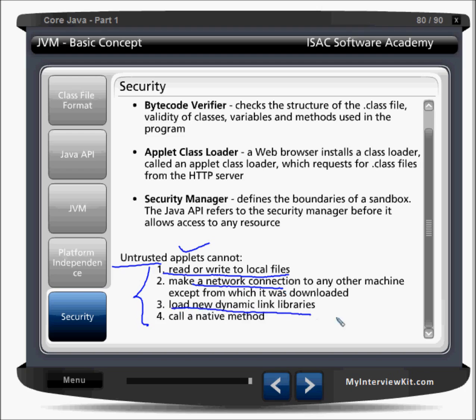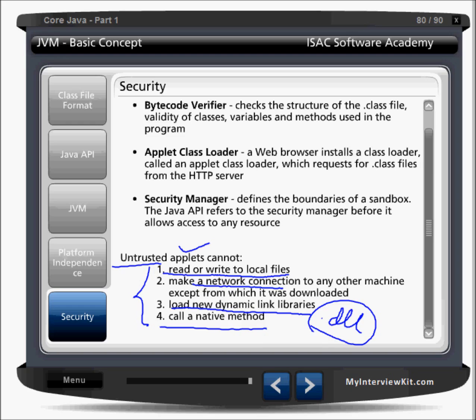There's the concept of a DLL file, .dll file, which helps us to initiate some process. This DLL file is not going to be loaded by the applet, so it is safe. And these applets cannot call native methods. So it is not going to call methods from your machine, so your machine is safe, right?